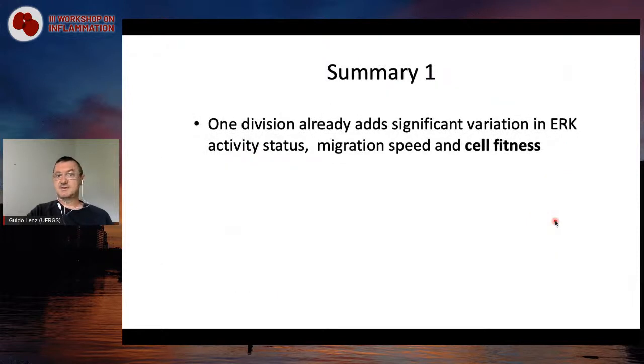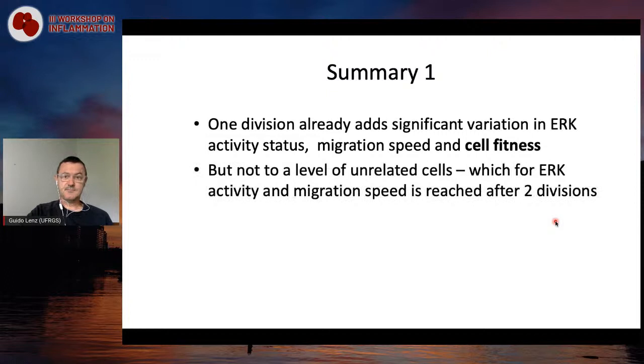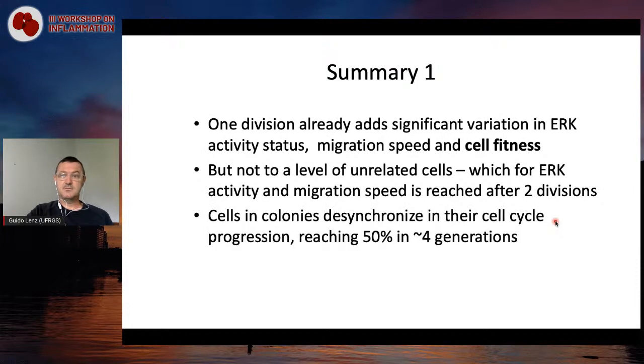So summarizing this first part, if we look at ERK signaling, migration speed, cell fitness, we checked other features too. This one division is sufficient to already add significant heterogeneity to these features. But in these cases, you required at least 2 divisions to not be able to differentiate colonies from randomly assembled groups of 4 cells.